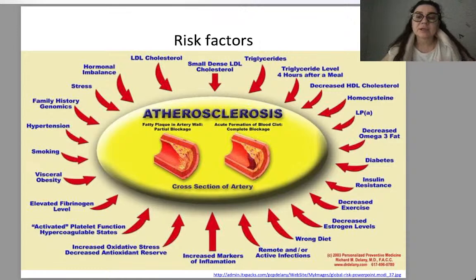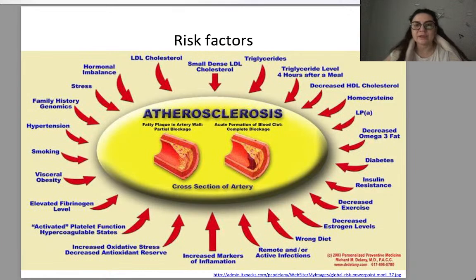And one more time, let's remind the risk factors and different etiologies of atherosclerosis. Hope you know them. From pathophysiology, let's repeat one more time. What is that?